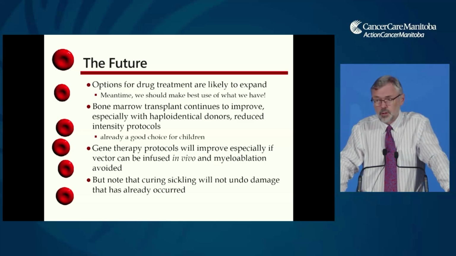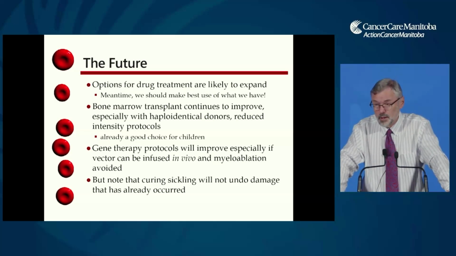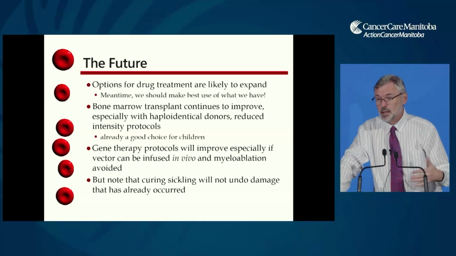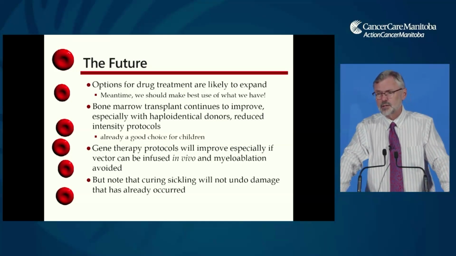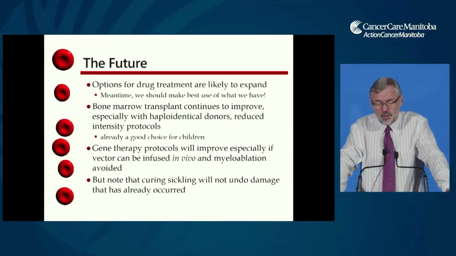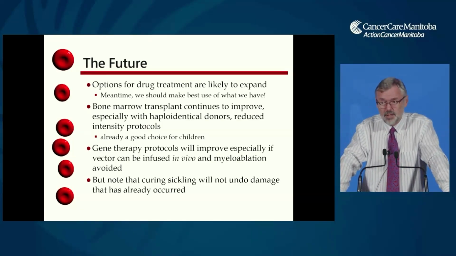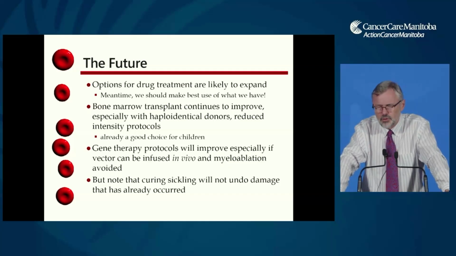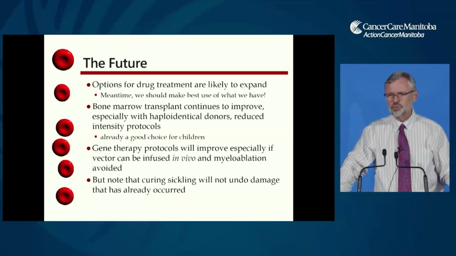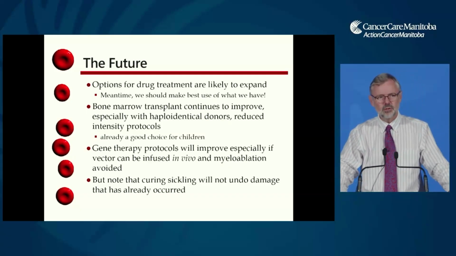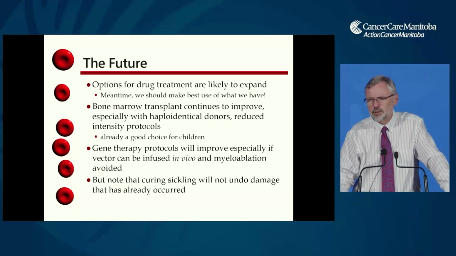Bone marrow transplant protocols keep getting better, and if we see those kinds of results with haplo-identical transplant reproducible in other centers, that's going to be easier to offer to patients. Gene therapy also is getting better and very exciting. I think it's very important to remember that even if you cure the sickle cell disease, you aren't going to undo damage that's already occurred, and sickling causes organ damage throughout the body. So the sooner we do it, the better it is.